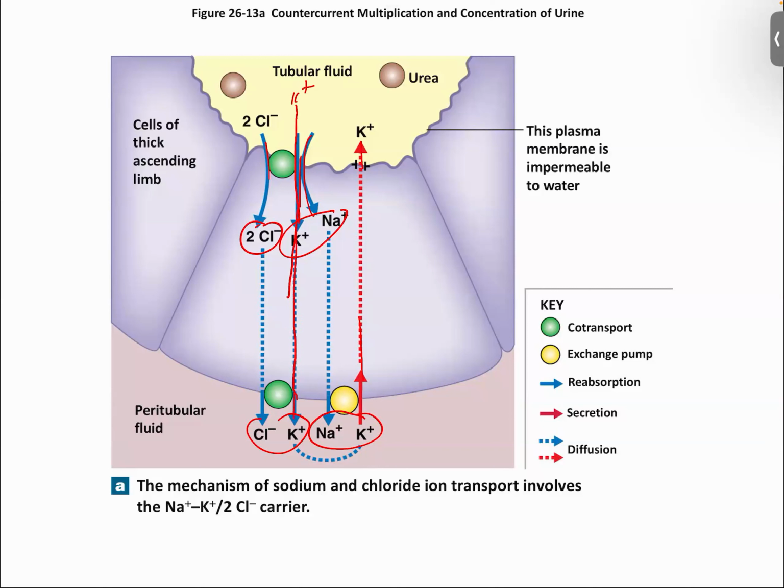It got put into the peritubular fluid, but then it turned right around and, through a sodium potassium pump, went right back into the tubular cell and then right back into the filtrate. So potassium is this circular mechanism. And then ultimately, what you end up net gaining is one chloride and one sodium. So this is your sodium chloride pump that's in your thick ascending limb.